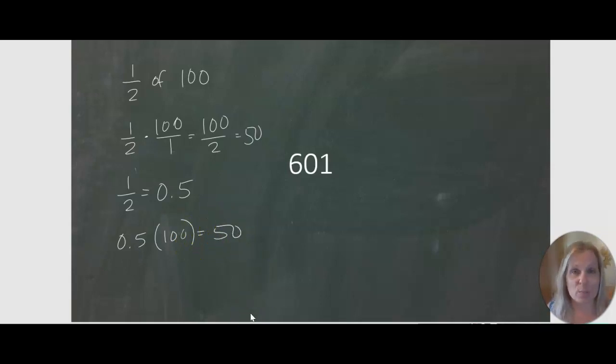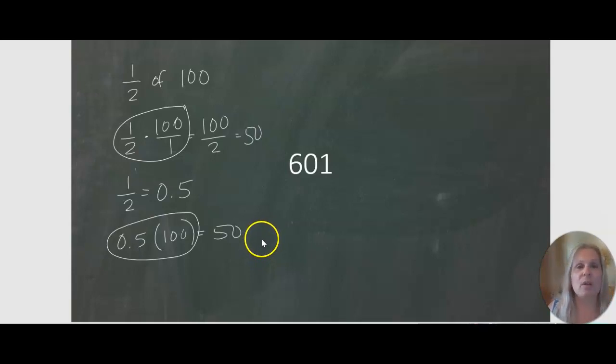But regardless, whether you're more comfortable with fractions or decimals, the process is still the same. When we want to find a fraction of something, we multiply, right? So we multiplied here to find a fraction of 100. We multiplied here to find a fraction, changed to a decimal, of 100, right? When you want to find a fraction of something, you multiply.